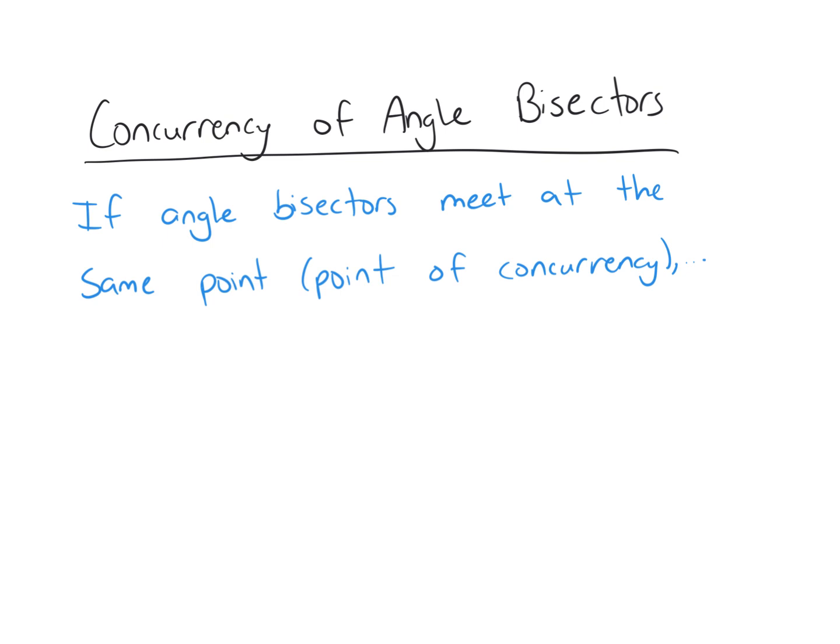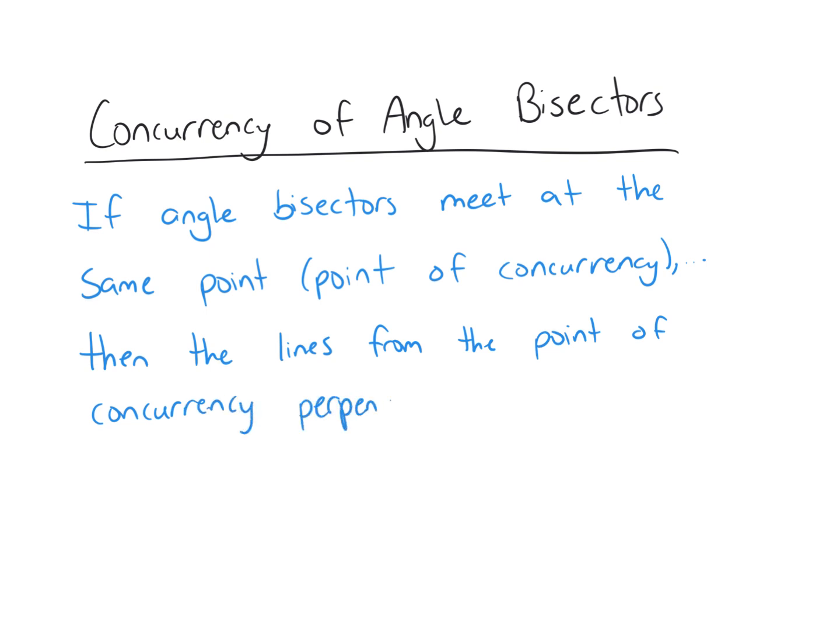So if angle bisectors meet at the same point of concurrency, then the lines from the point of concurrency perpendicular to the sides of the triangle are congruent.